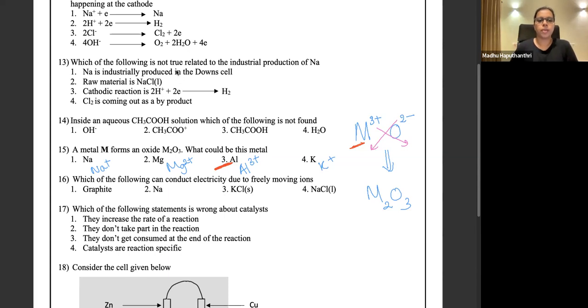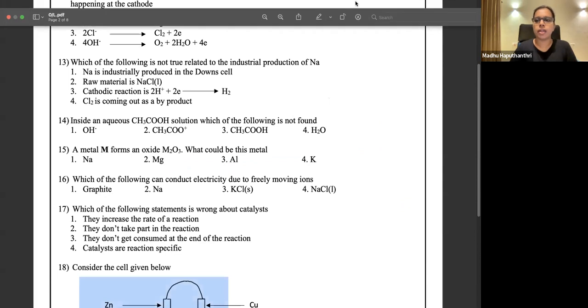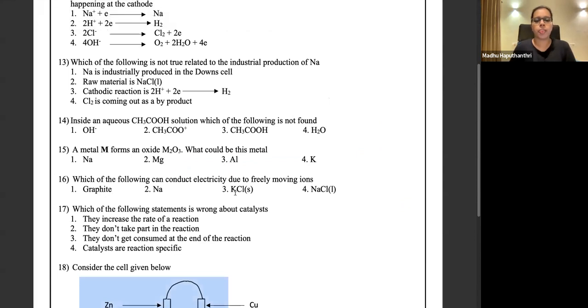Right. Then 16th. Which of the following can conduct electricity due to freely moving ions? Graphite, tell me, can graphite conduct electricity? Yes or no? Yes.